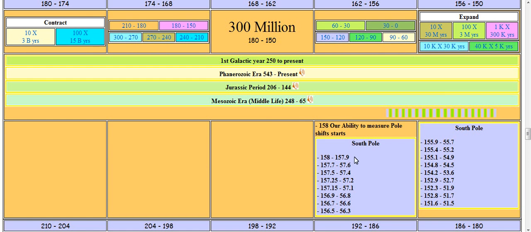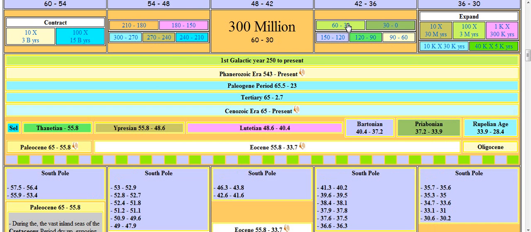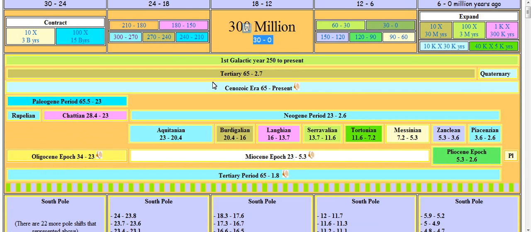It was the South Pole, and then it was the North Pole. So these are the ages of when it was the South Pole. So gray is south, green is north. South, north, south, north, and you can see it. You can trace it, go forward in time, all the way forward, like such.